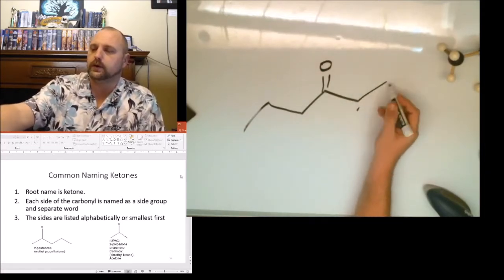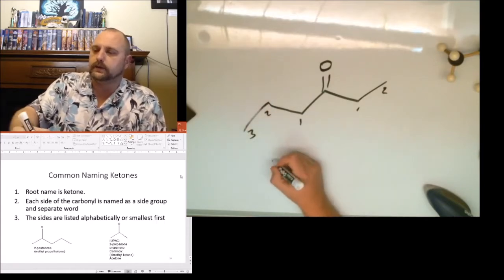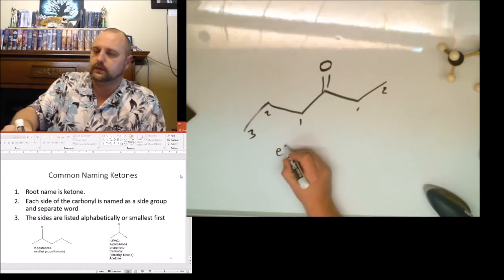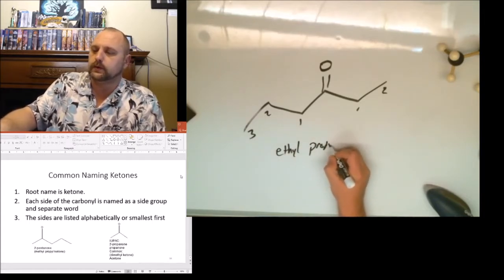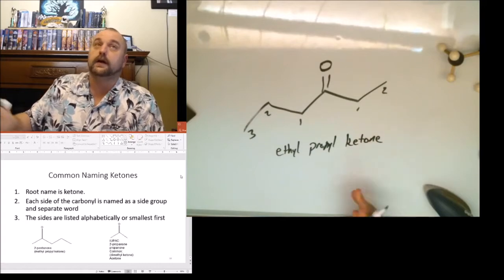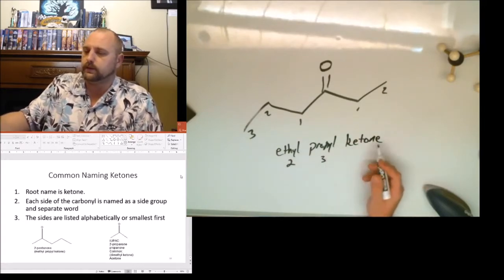So here I've got a 1, 2, and 1, 2, 3. So this would be ethyl propyl ketone. And the hard part here is this is 2 and 3.